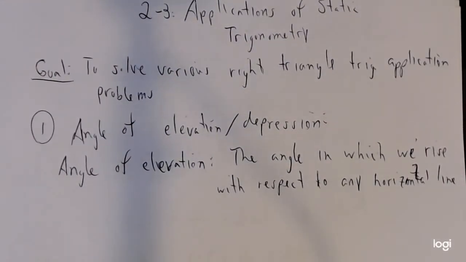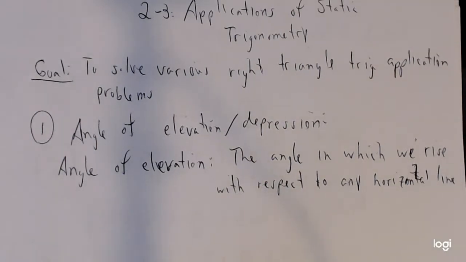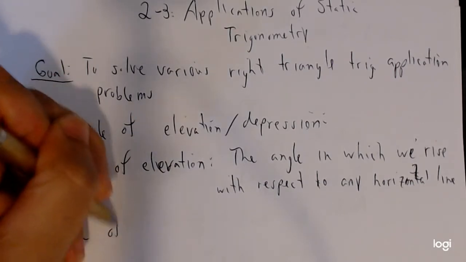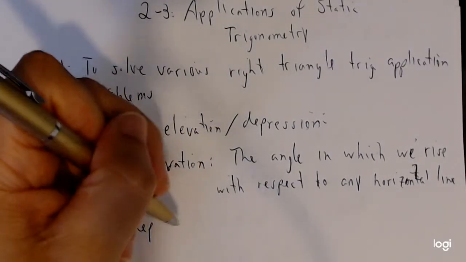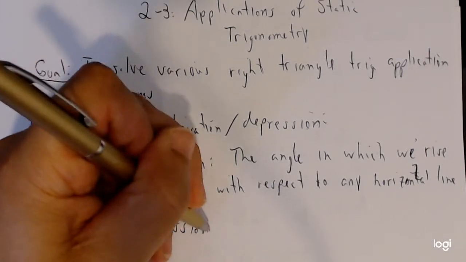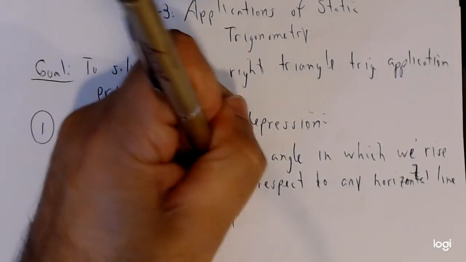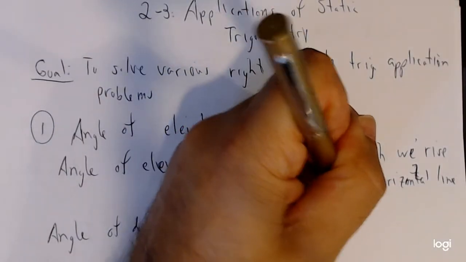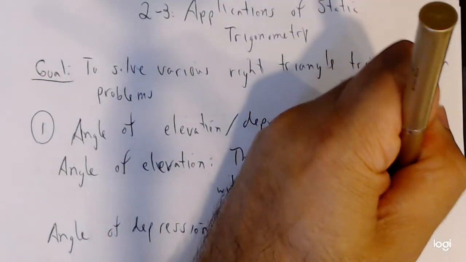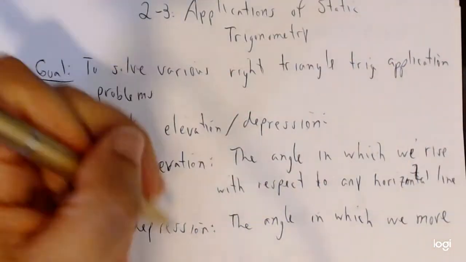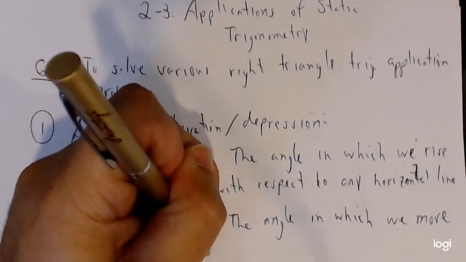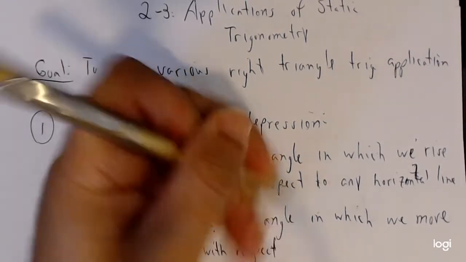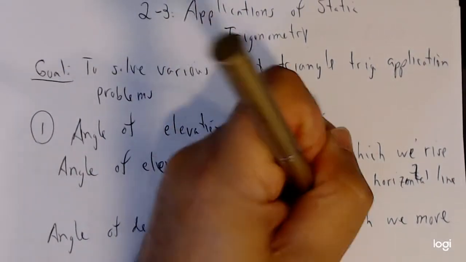Without the horizontal line, we can't really even draw an angle. An angle of depression is the same idea, except now we're going downwards. This is the angle in which we move down with respect to any horizontal line.